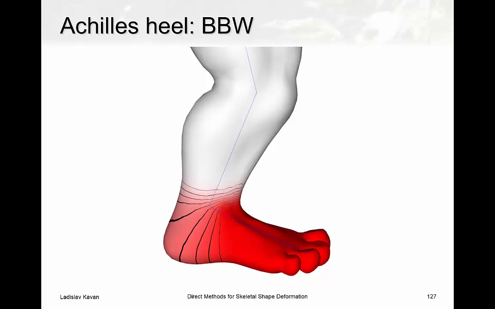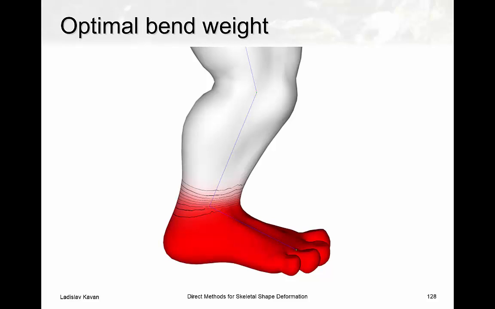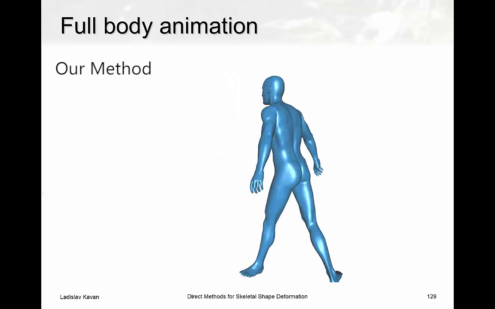So what we essentially do is heat this bone, right, and let it diffuse. And what BBW ends up doing here is making the heel highly deformable, which is not really the natural thing to do. The natural thing to do, and that's what the elastic energy optimizing weights give us, is to concentrate the deformation around the ankle region, right? So that's what we get for free.